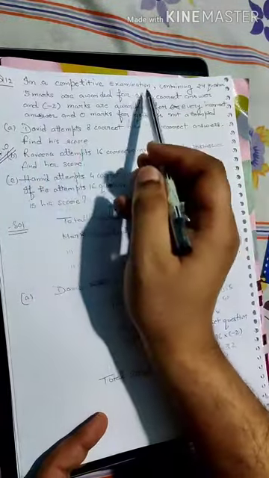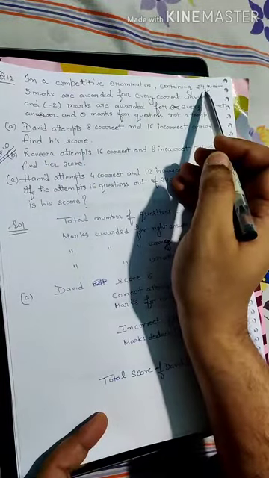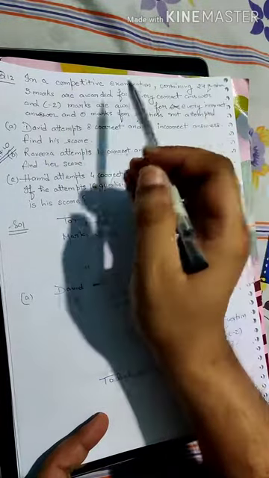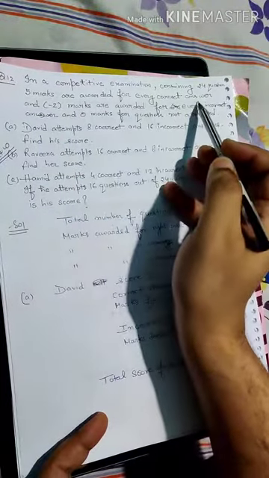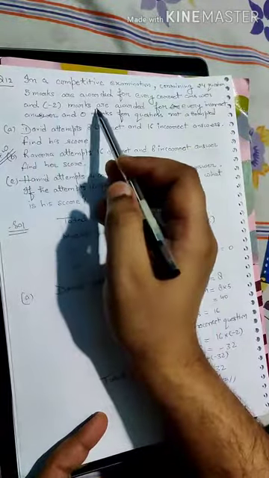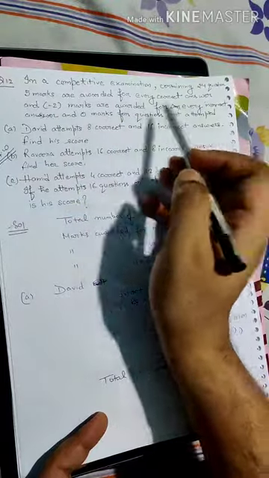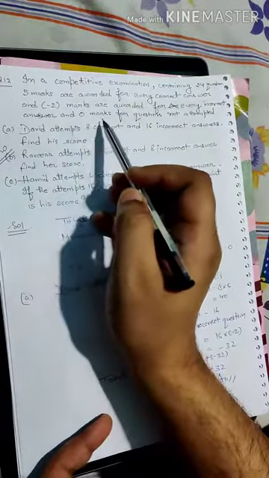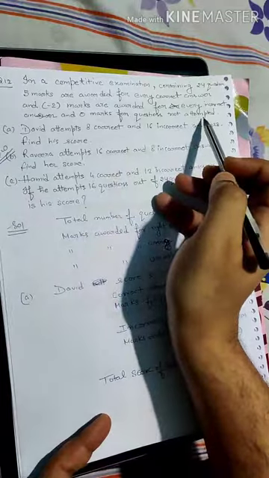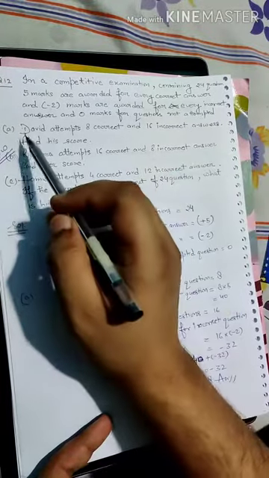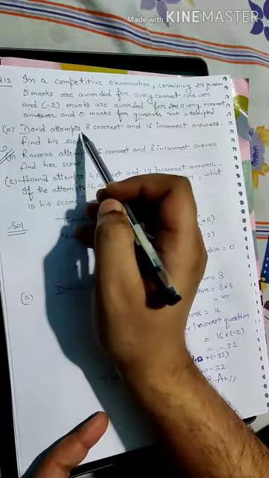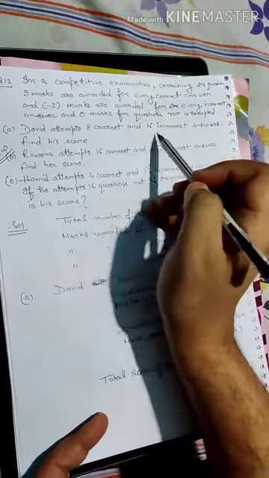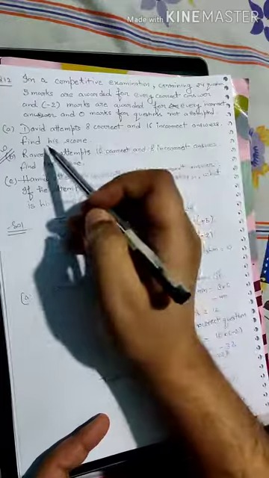In a competitive exam containing 24 questions, 5 marks are awarded for every correct answer and minus 2 marks for every incorrect answer, and 0 marks are awarded for not attempted. The first part says, David attempted 8 correct and 16 incorrect answers, find his score.